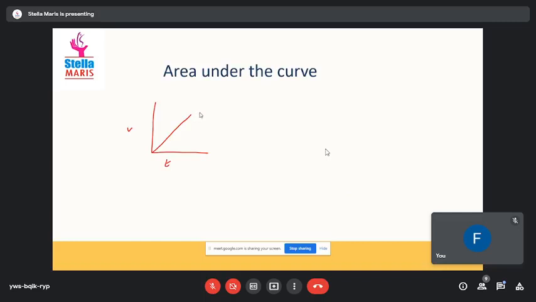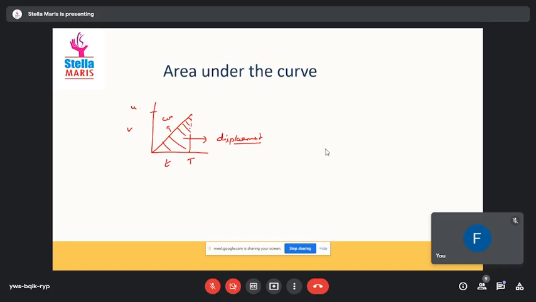It is moving with, let's say, constant acceleration, like this, till time t. This is the curve, and the area under this curve represents displacement. You understand this? Let's say this is u.